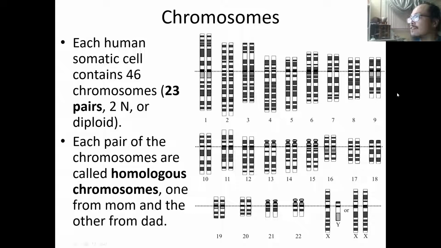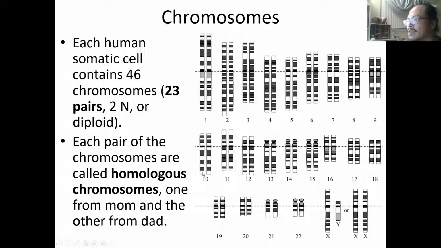So basically we have 23 different chromosomes, and each one will have one from dad, one from mom. So the somatic cell we call 2N, because we have 23 as a number, times 2. So that is the somatic cells.